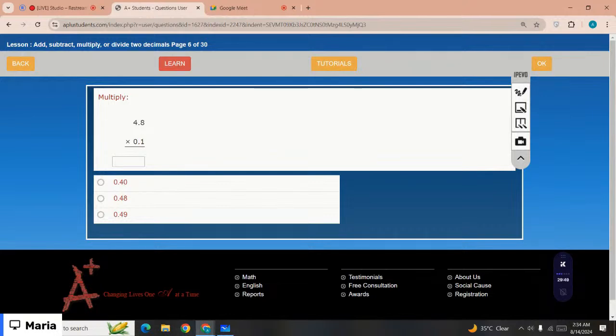The correct option is 4.8 times 0.1 is 0.48. Okay, you can complete the lesson by yourself later today. Let me just move on to the next lesson.